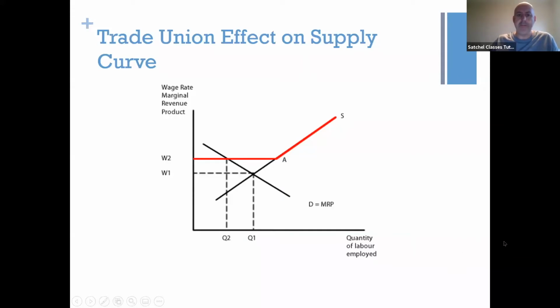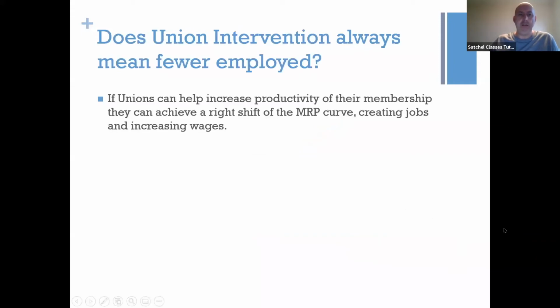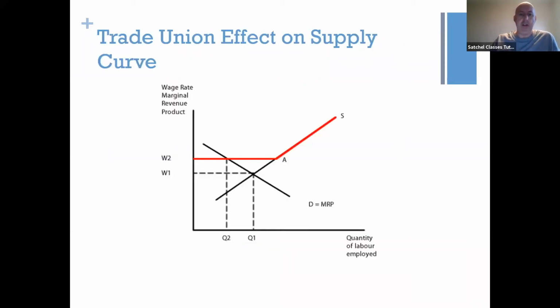So moving on, does this happen in every situation? So we've seen our diagram where the wage is forced up by the trade union and the firm has to employ fewer people, because following the theory, they will employ where marginal revenue product is crossed by the supply curve. And the trade union effect has distorted our supply curve, so everyone is earning W2.